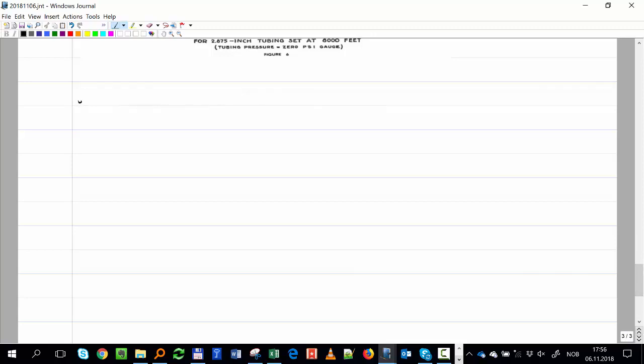Okay, we're going to talk about a tool now that was used for many, many years, and was a very good help for petroleum engineers, to calculate TPR for multiphase flow.